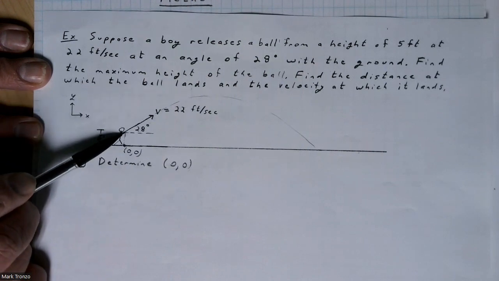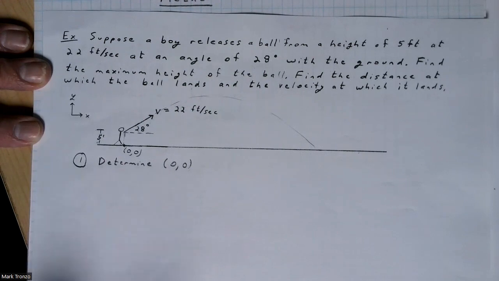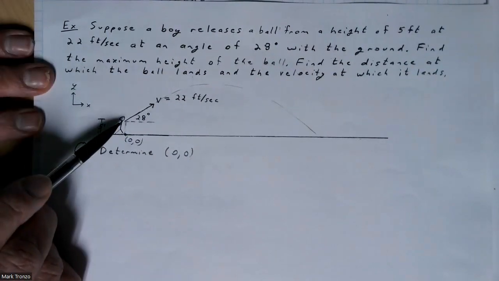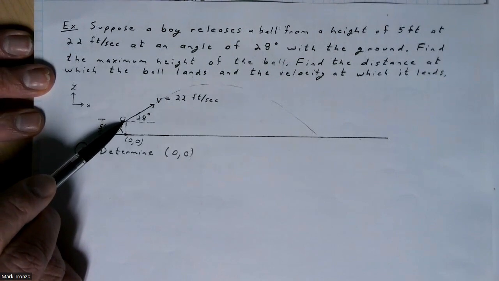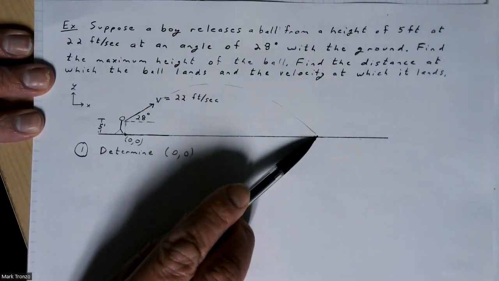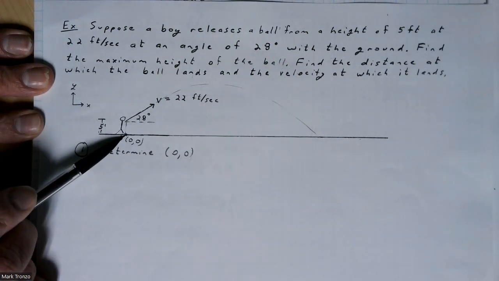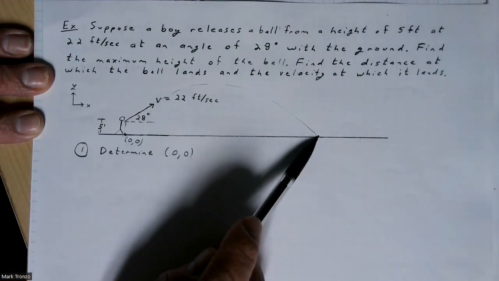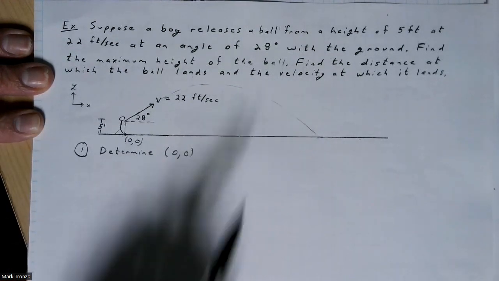You could as well have picked this up here. The only thing is, if you pick 0, 0 here, you just have to remember that the ball is going to hit the ground when Y is -5. The advantage of picking 0, 0 here is when the ball hits the ground, the Y component is going to be 0.